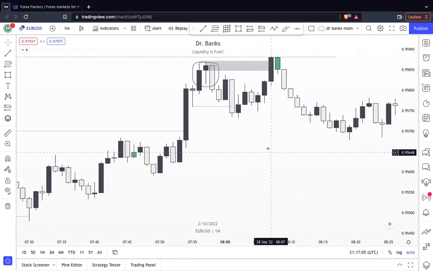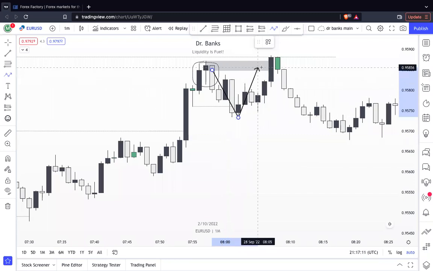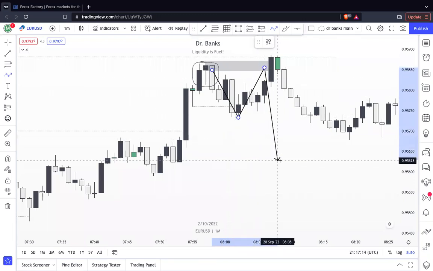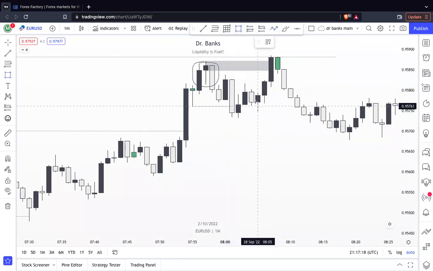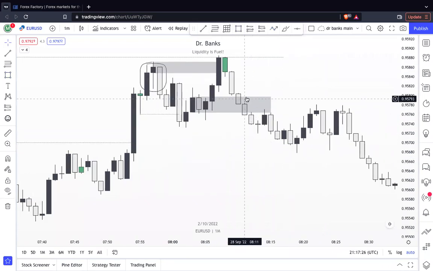As price has broken below this, you will expect this to happen. When that failed to happen and this high has been raised, you will call this a flip zone and expect that this will now become where you will buy from, because this is the last point of demand that failed supply.